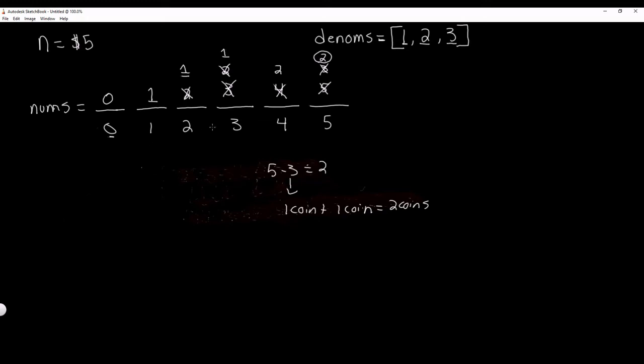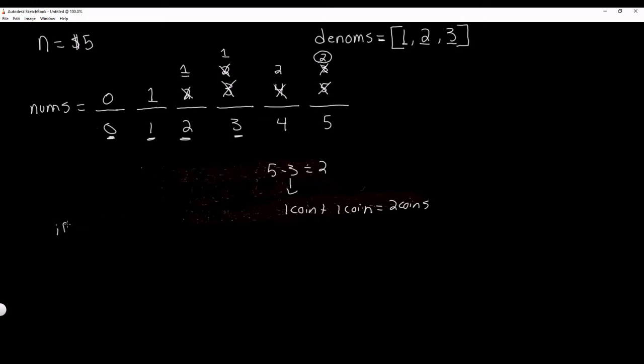So what we do is we iterate throughout our denoms array, and for each denom in our denoms array, it's going to be a nested for loop, because for each denom in our denoms array, we then iterate throughout our nums array. But for each denom with our num, we check to see if our denom is less than or equal to the amount. And the amount is just $0, $1, $2, $3, and so on.